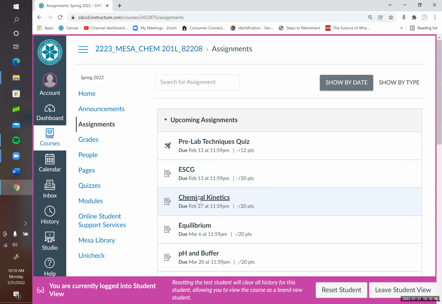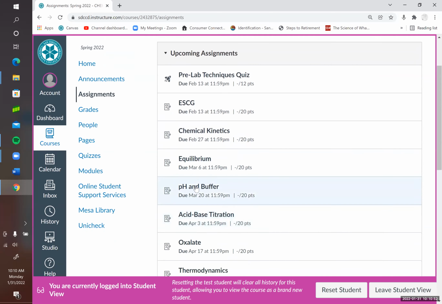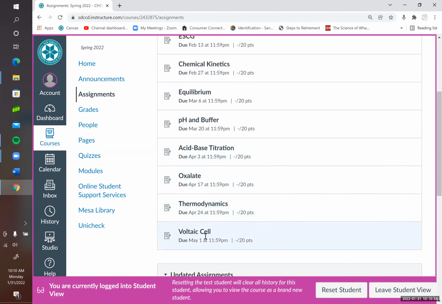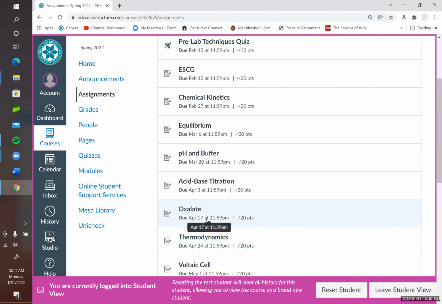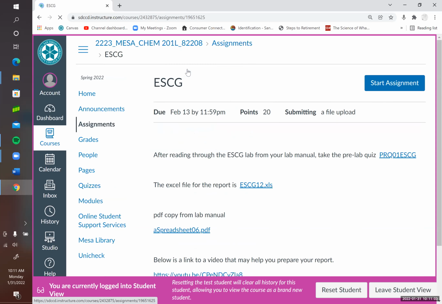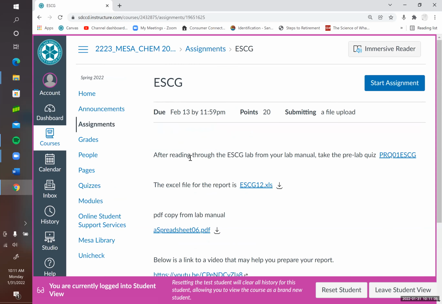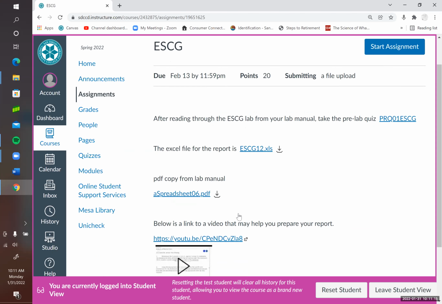And then after that, remember in the schedule, there's the chemical kinetics lab, and then the equilibrium lab and the pH and buffer. And here's all the rest of your labs that you need. And so we'll just take a look at electronic spreadsheet and computer graphing. It says after reading through the ESCG lab from your lab manual, it's also posted here.